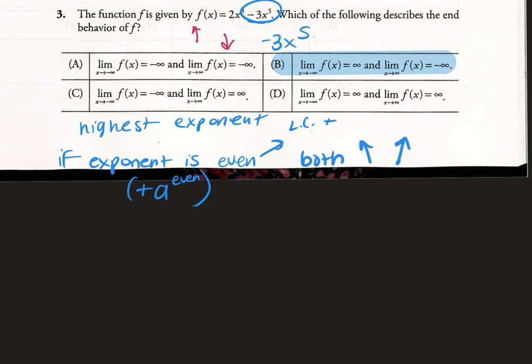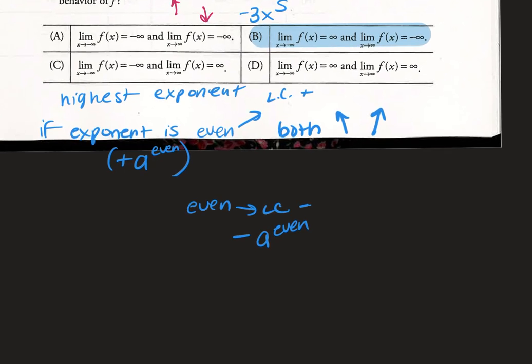So the limit notation on both sides would be towards infinity. If it's even, but the leading coefficient is negative, so it's a negative a to an even power, or x to an even power, then they both point down. So if I was talking about limit notation, they would both be going to negative infinity.